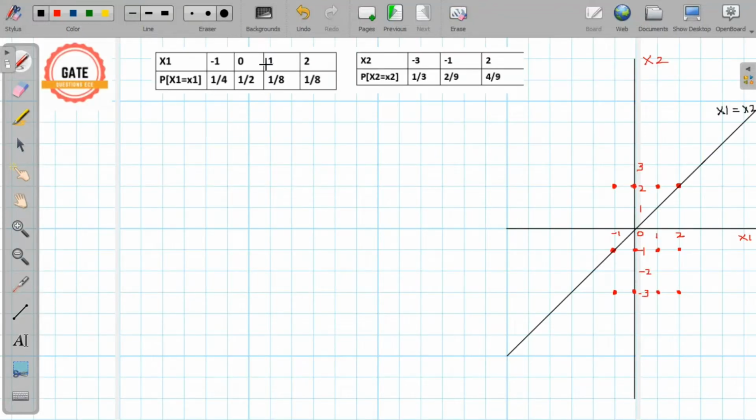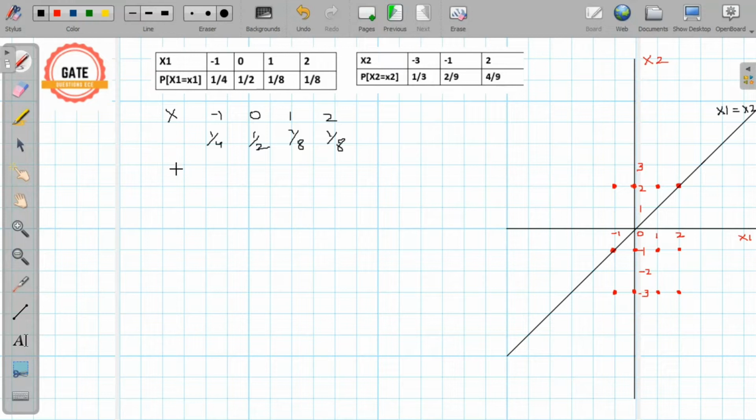Here I have copied the PMF of X1 and X2. The first step in the shortcut method is to write the joint PMF of X1 and X2. We know X1 can take values -1, 0, 1 and 2, with corresponding probabilities 1/4, 1/2, 1/8 and 1/8.